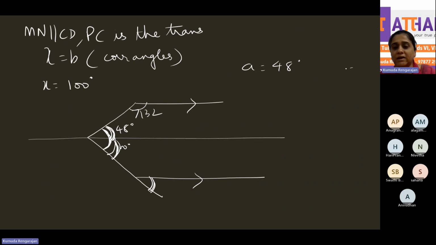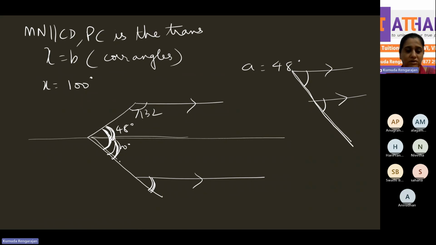Why? Parallel line, transversal, parallel line. These two are the parallel lines. This is the transversal. This angle and this angle are corresponding angles and they're equal. You can see that here. So B is equal to X. So B is 100 degrees. X is also 100 degrees. Corresponding angles.